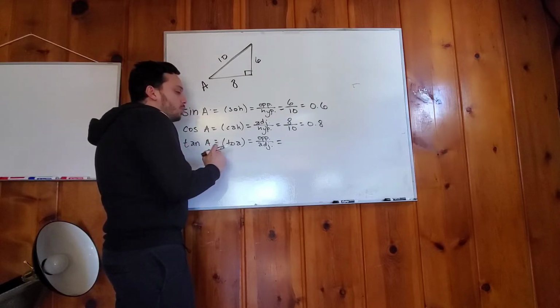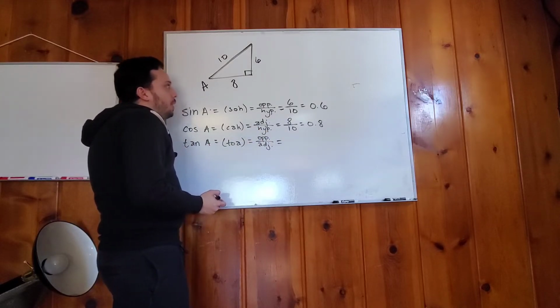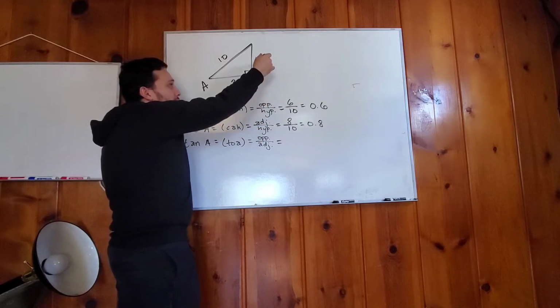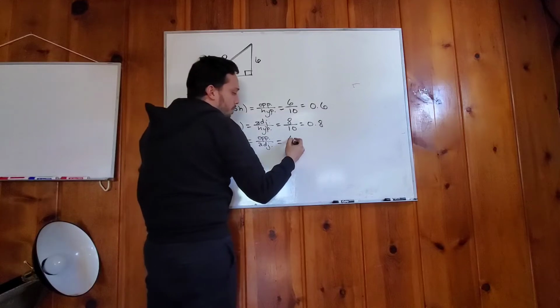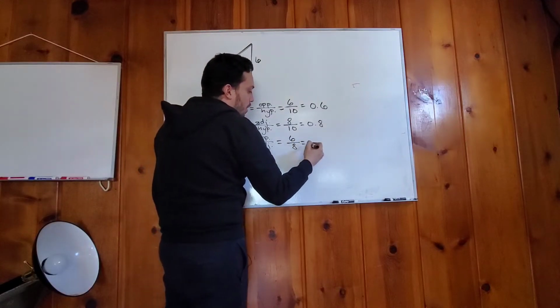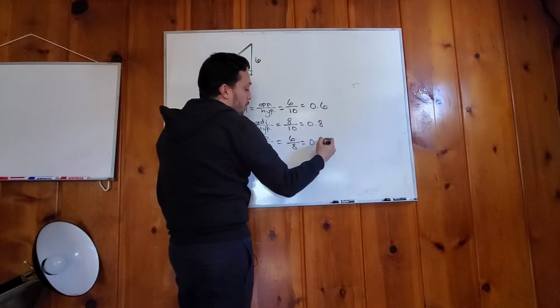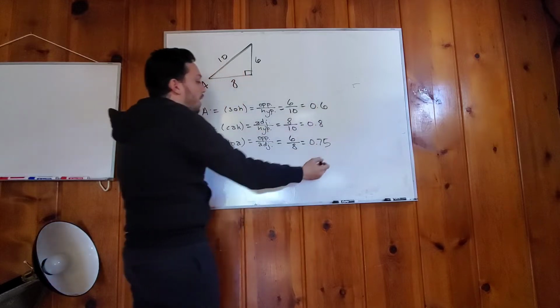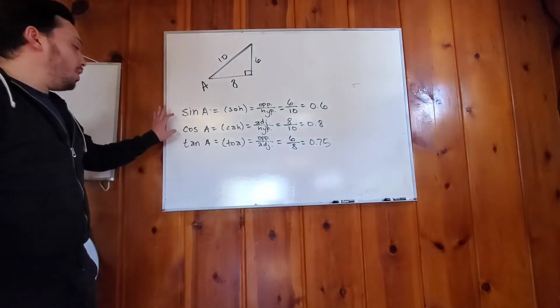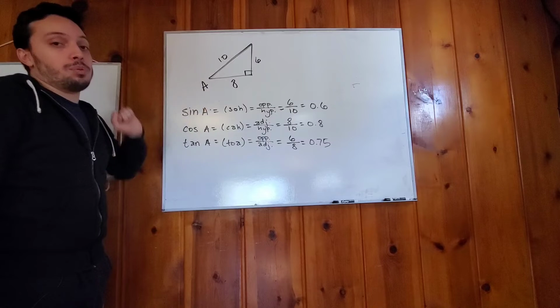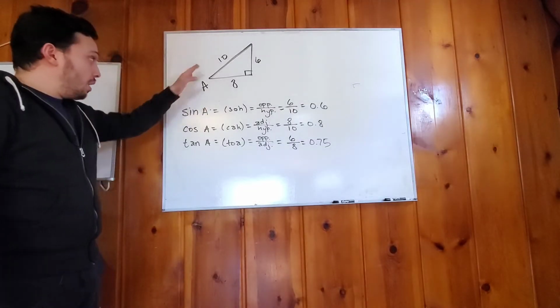Tangent would be the opposite over the adjacent, right? So the opposite is 6, the adjacent is 8, the same thing as 3/4 or 0.75. And that's how you find the sine, cosine, and tangent of this particular angle A in this triangle.